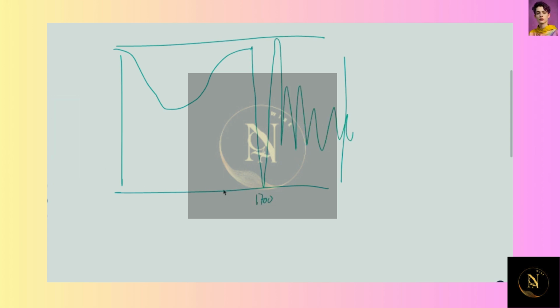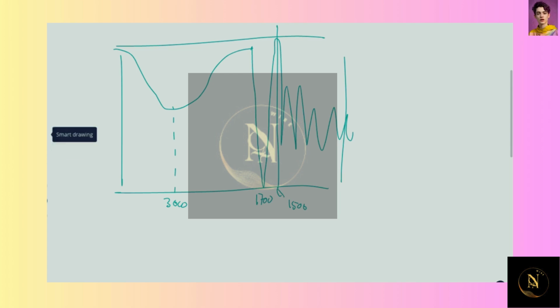We have an acetic acid infrared spectrum, and I'm just going to have to sketch this here because we're not allowed to copy and paste. This peak should be about 1700, this should be about 3000, and this should be about 1500.